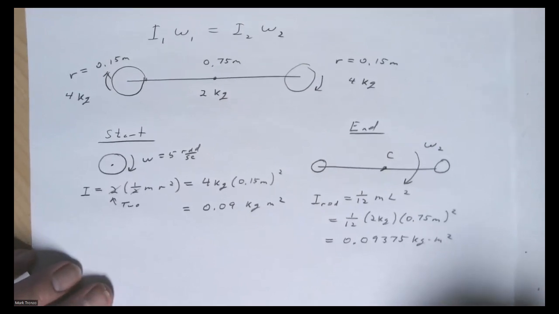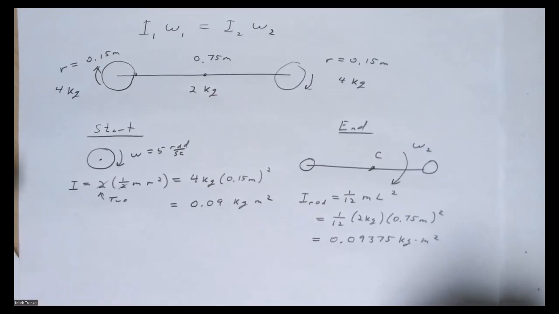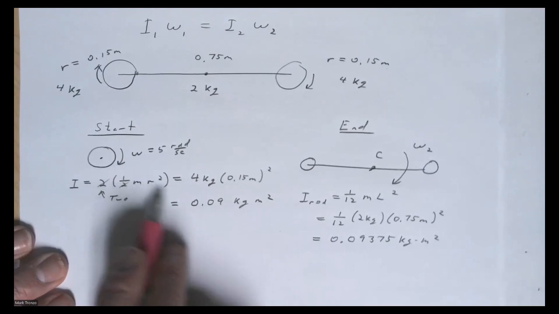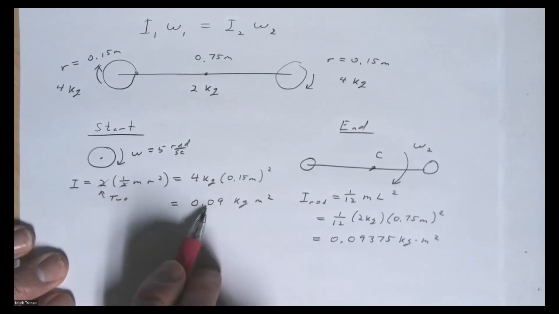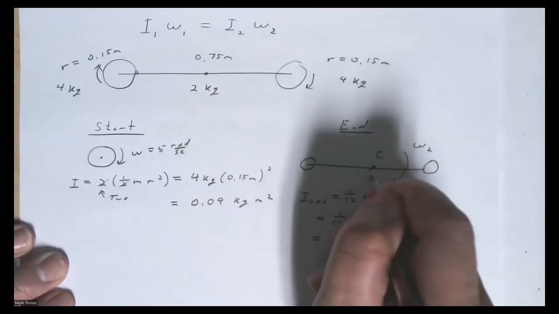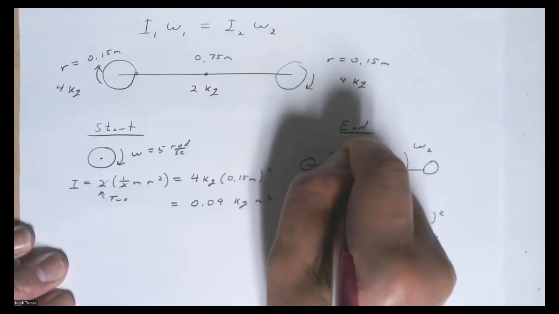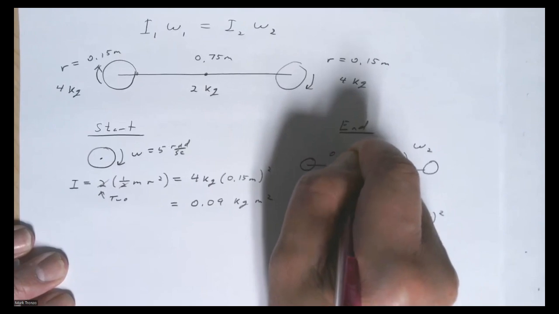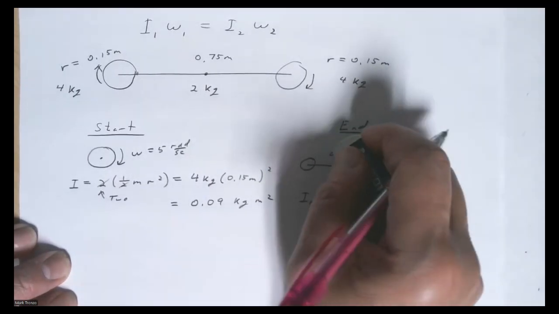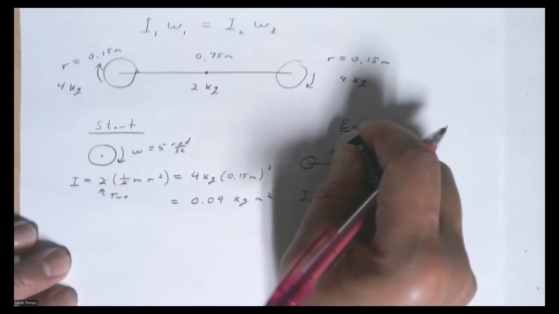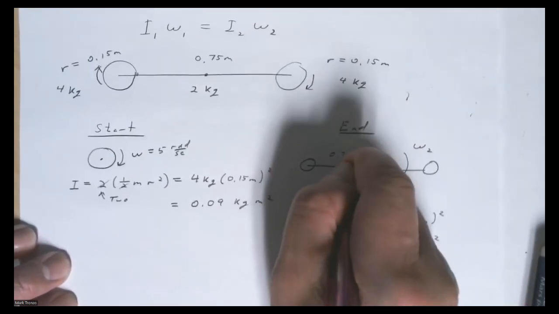So that's going to be the rod. Now for the discs, the mass moment of the disc about their center is going to be the same as before. The only thing now, we're spinning around this center, which is 0.75 meters from the center of the discs.